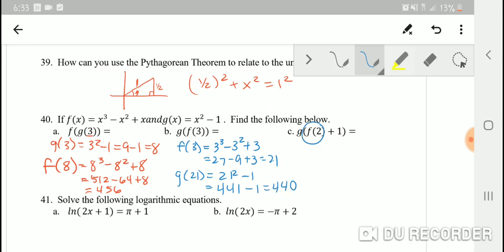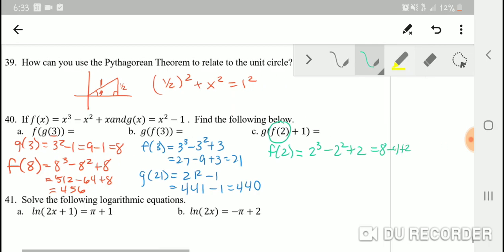Then this says plug 2 into f, add 1 to the answer, and then plug that answer into g. So plug 2 into f, which gives me 8 minus 4 plus 2.